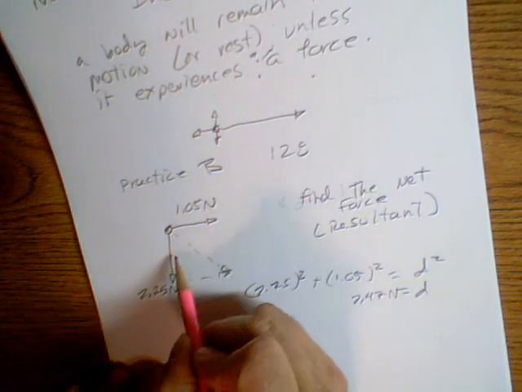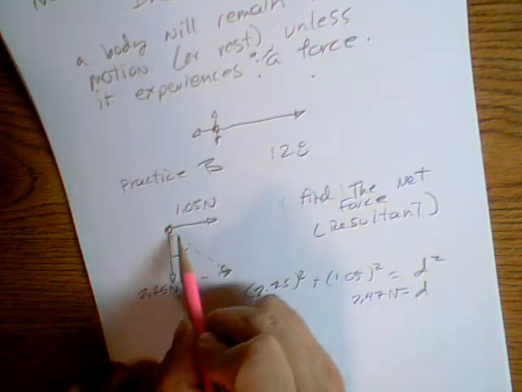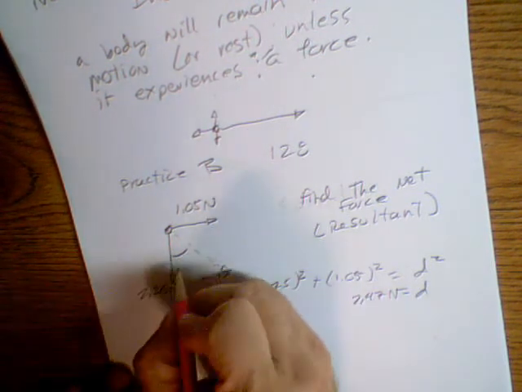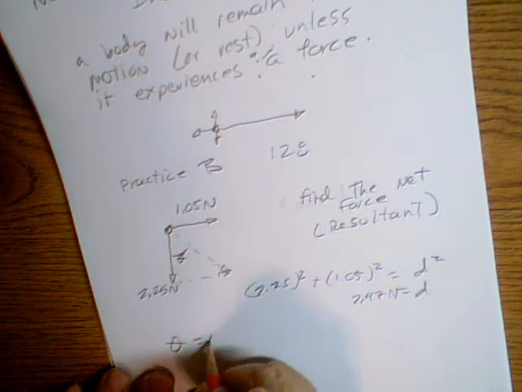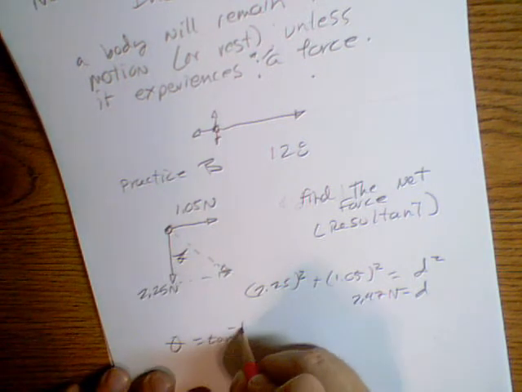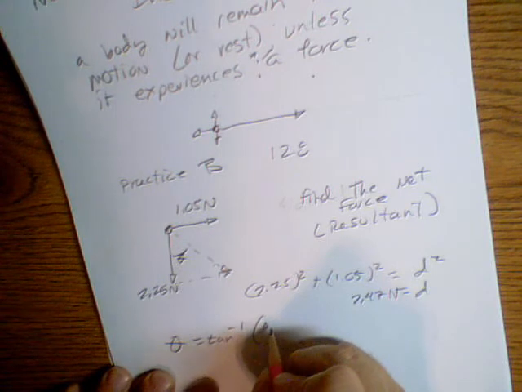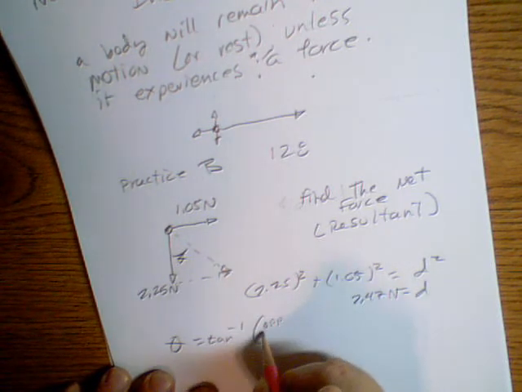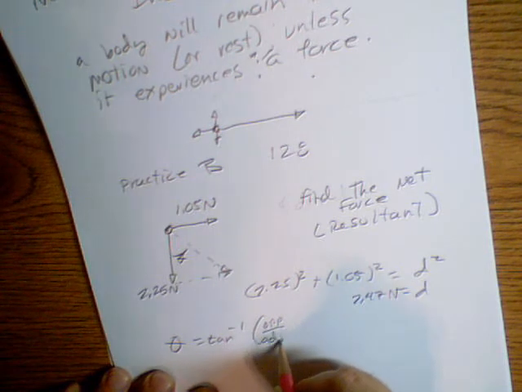Now I should get the angle as well, the angle of that net force. And in order to get that angle of that net force, this angle here, I would take the arctangent of opposite divided by adjacent.